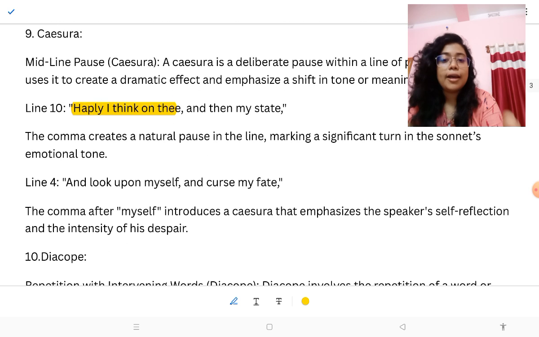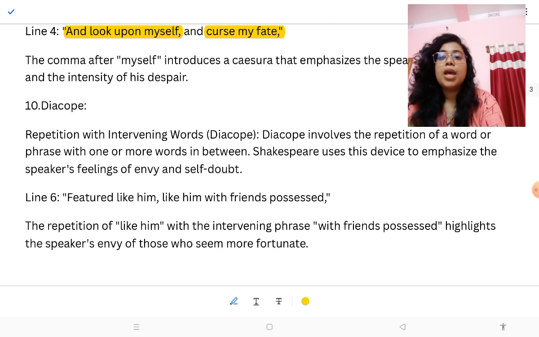Then "my state", and "look upon myself", you take a pause, then "curse my fate". Then diacope means using the same word within the line, and it gives tension or self-doubt, like "I want, I want".